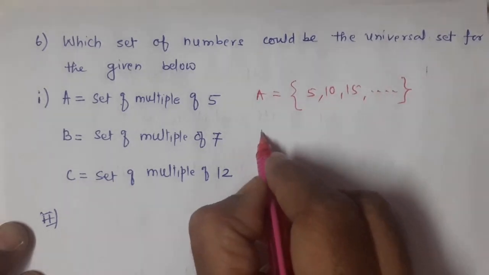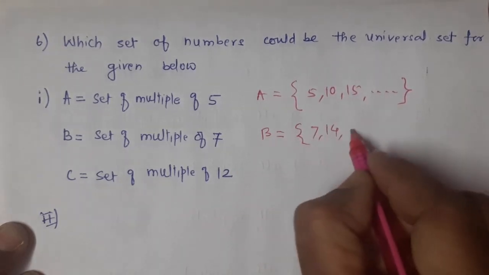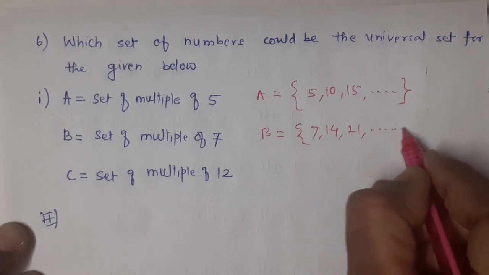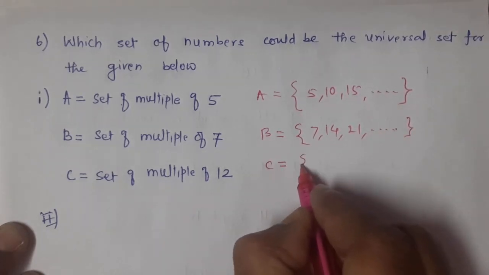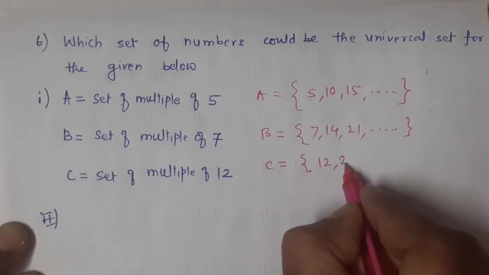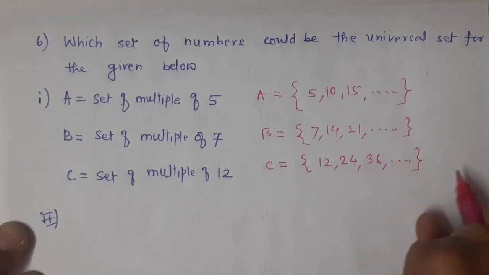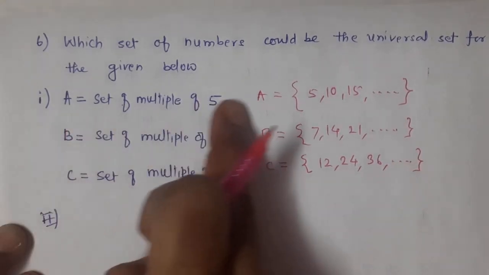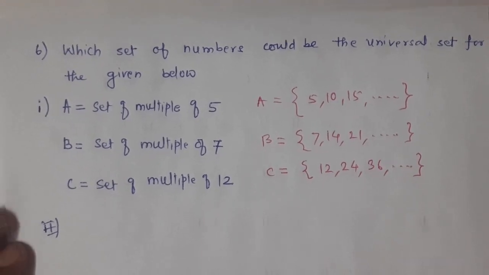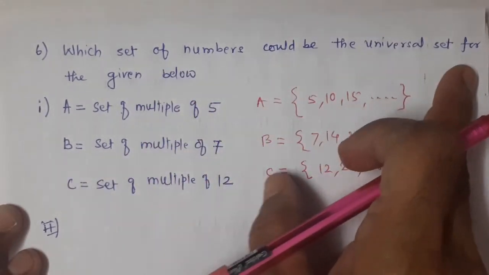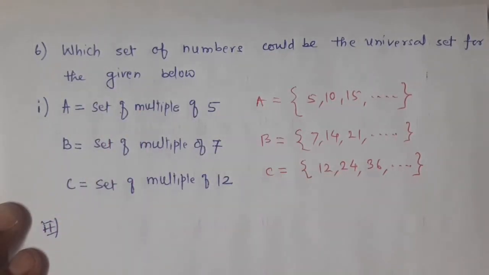Then set B is the multiples of 7: 7, 14, 21, and so on. Then set C is the multiples of 12: 12, 24, 36, and so on. Which set will be the universal set for all these sets?